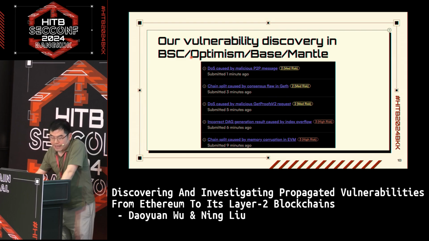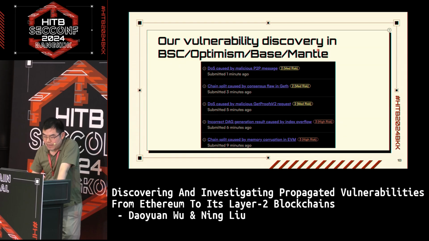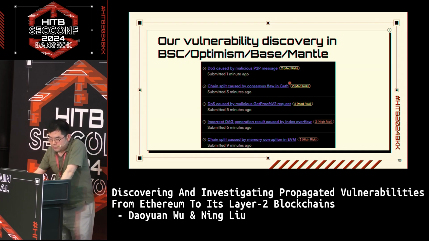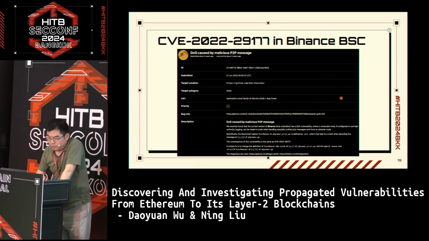For Binance, we reported one vulnerability, I think four vulnerabilities for Optimism, and five cases for Coinbase and Mantle. This is one screenshot of what we reported to those vendors on the bug bounty platforms.